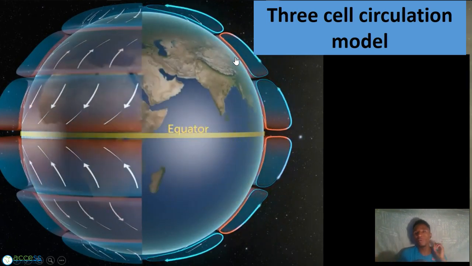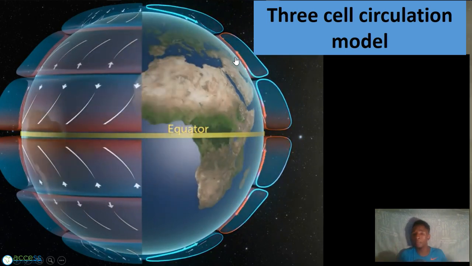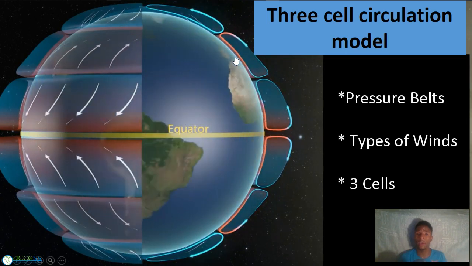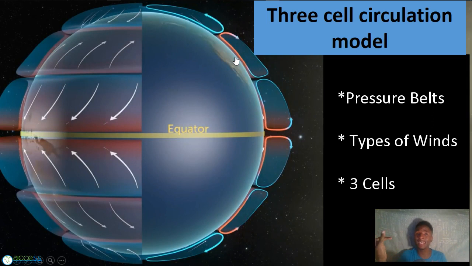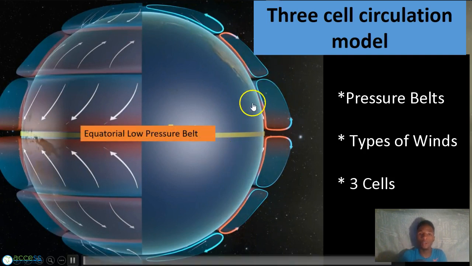So, moving from a simpler to a more complex circulation model, this one now explains three cells, not one single cell or system, which is the Hadley cell circulation, moving from the equator to the poles. This one has three cells, which are the Ferrel cell, the Hadley cell, and the polar cell. To explain that, as I've already explained, at the equator it is hot.